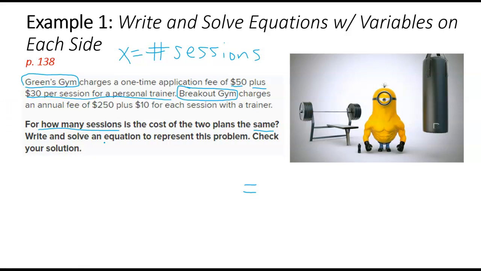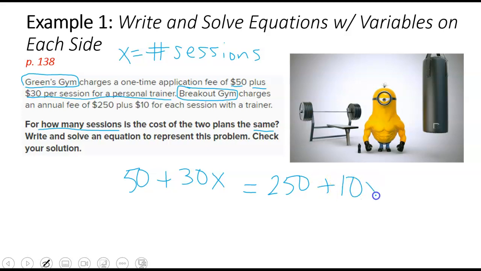So if you look back at Green's Gym, it's $50 plus $30 per session. So we could say 30 times x. Does that make sense? If not, pause it, read through it again, and see if you can understand where that comes from. Breakout Gym charges an annual fee of $250 plus $10 for each session.